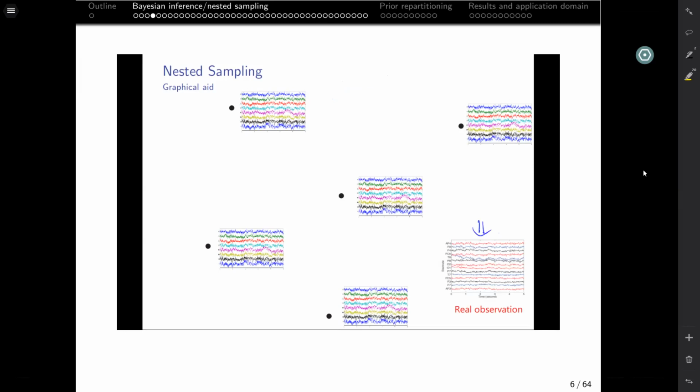So in this case, if we have one real observation to make it simple, then we will be able to compare these 5 guesses with the real observation and compute the likelihood L to see how likely they are.